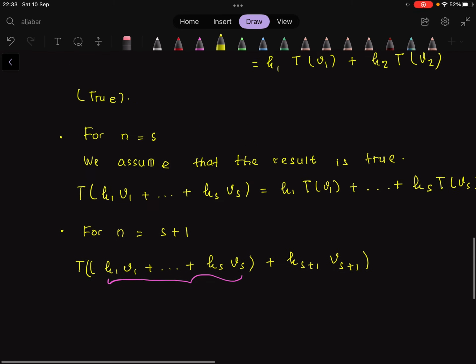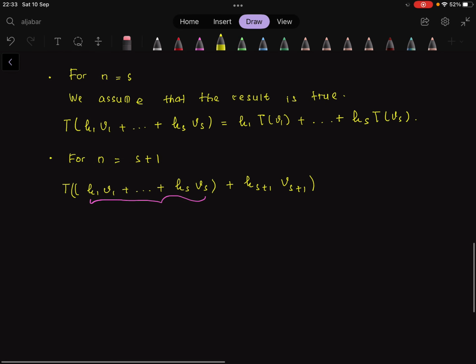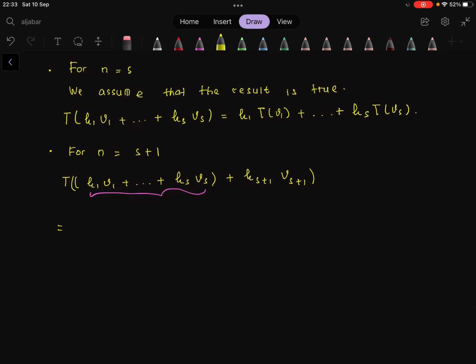So by definition we can write this as T(k1 v1 + ... + ks vs) plus T(k(s+1) v(s+1)).